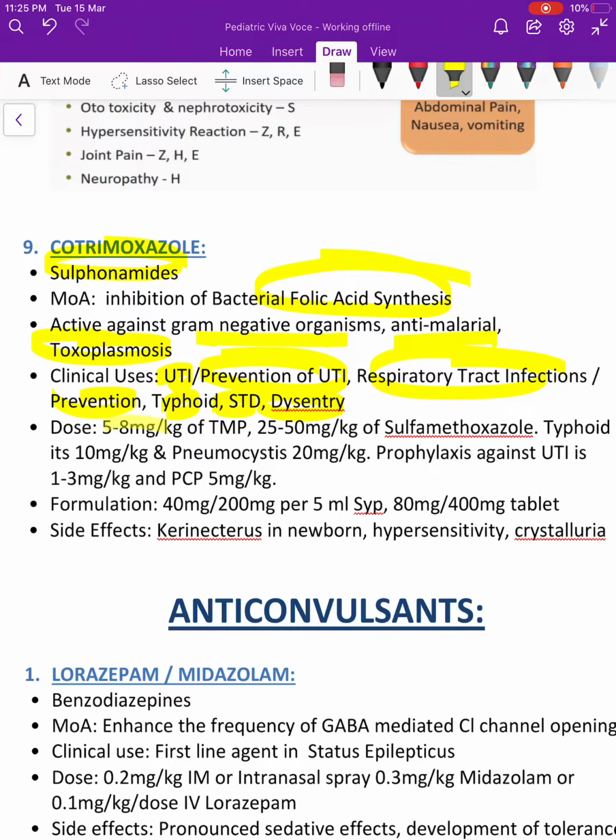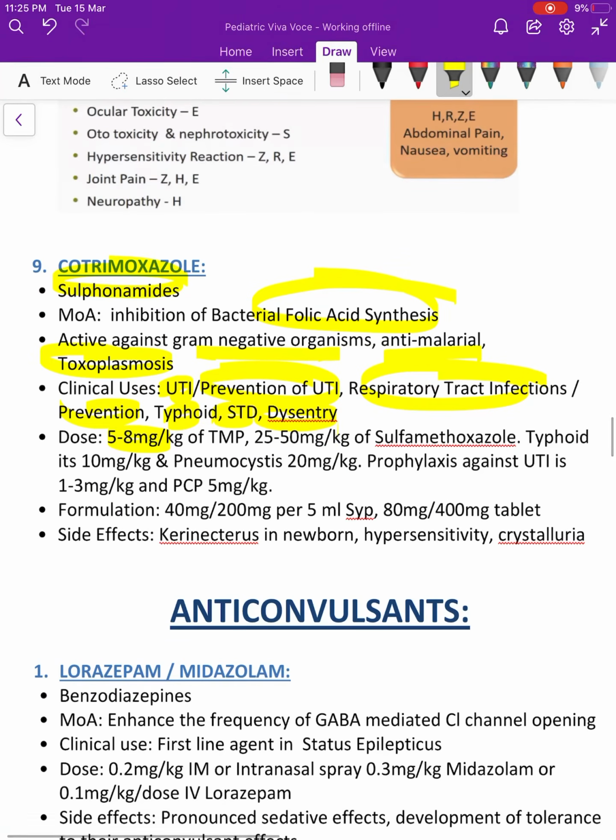Dose is 5 to 8 mg. The examiners are very fond of cotrimoxazole, so please remember the dosage. It is 5 to 8 mg per kg of trimethoprim, and 25 to 40 mg per kg of sulfamethoxazole. If it comes to typhoid, we use it as 10 mg per kg, and for PCP pneumonia, it is 20 mg per kg.